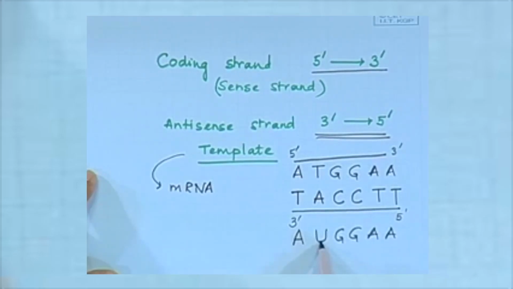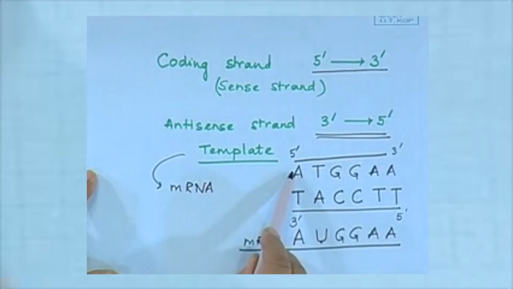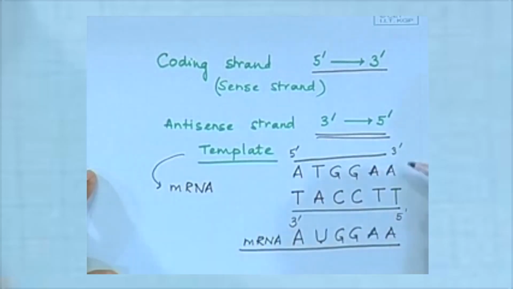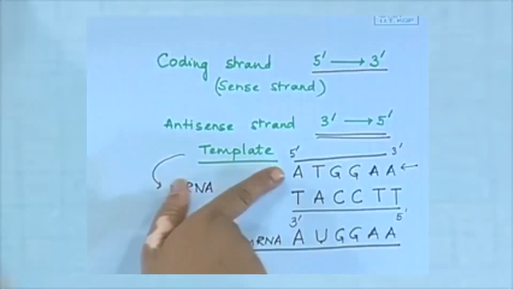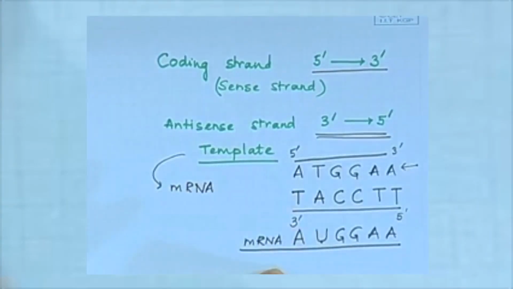Because now I am speaking of mRNA. The information it has taken from this, right? You understand that? This is the sense strand, the coding one. This is the template. This is the mRNA. Okay? That is what it does in transcribing the information from the DNA. So it has taken the information from the DNA now.